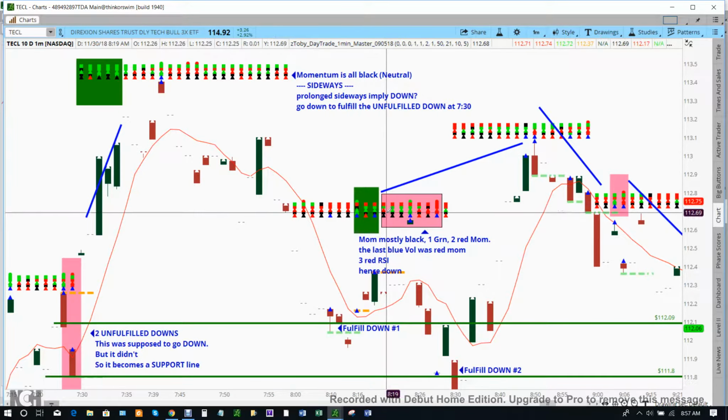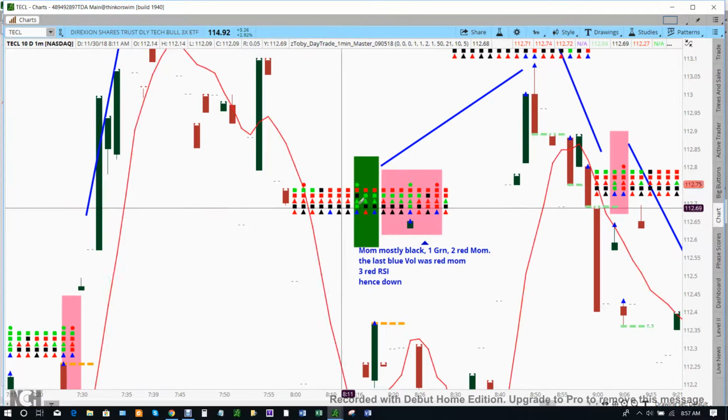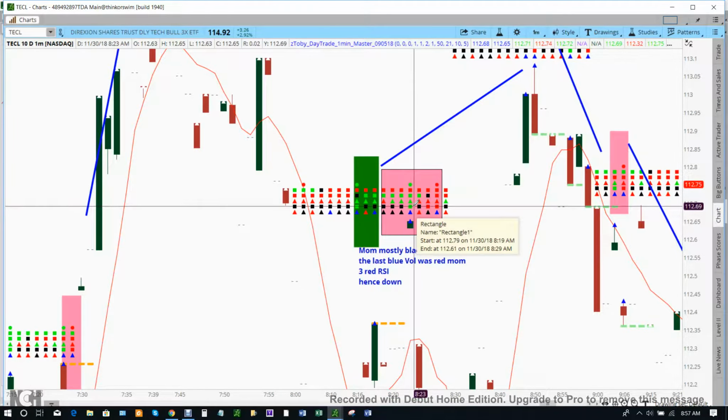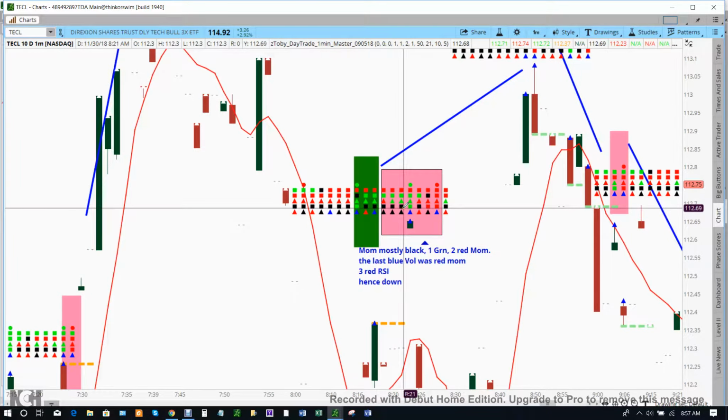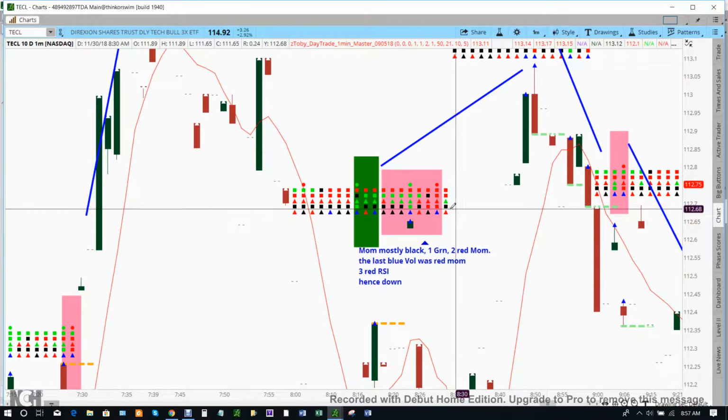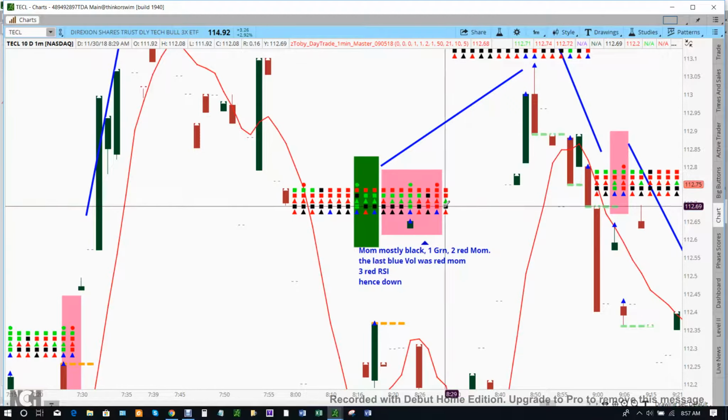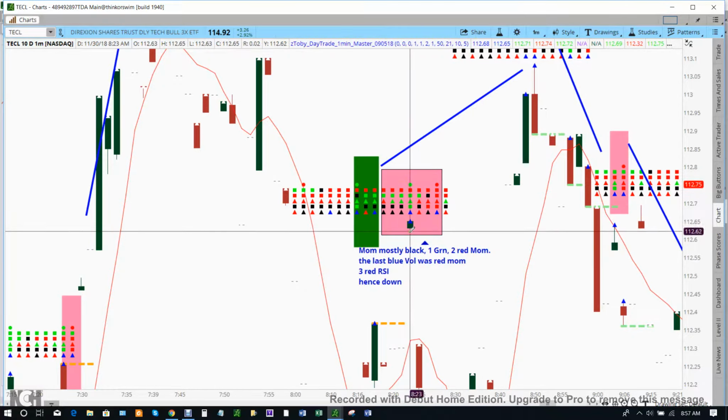The reason I highlighted this is because you have to zoom in to see it. If you look at the squares, they are black, black, black, green, black, red, red, black. So most of them are either black or red, which means the momentum is sort of like not very good, neutral, and so you could expect the stock to go down.